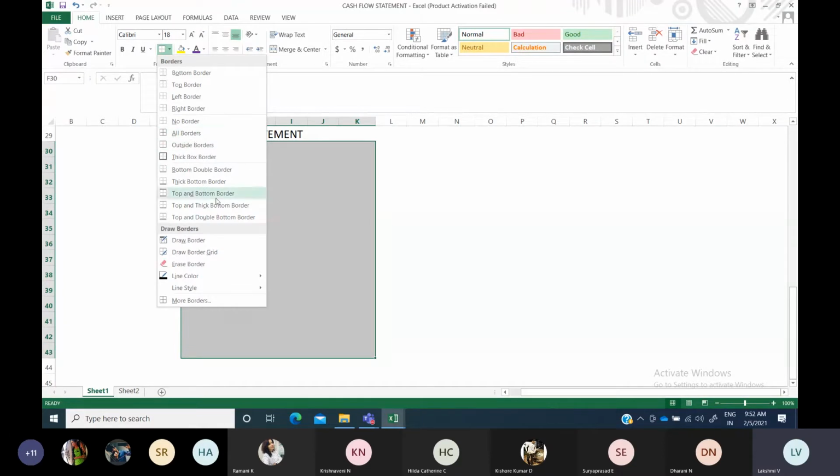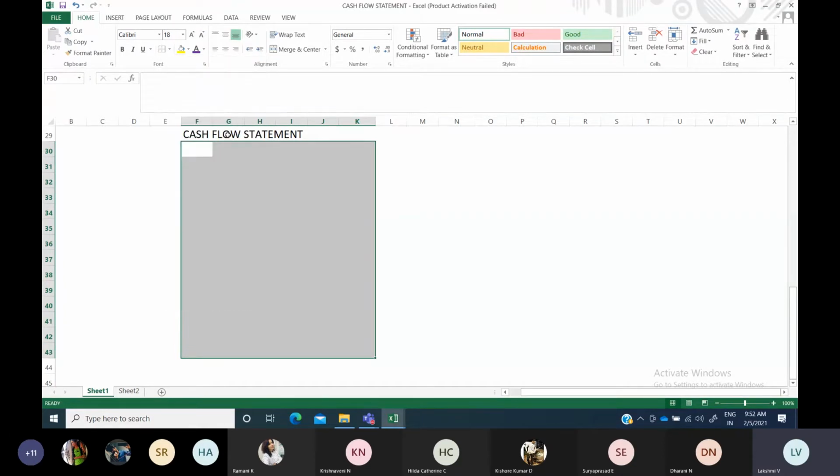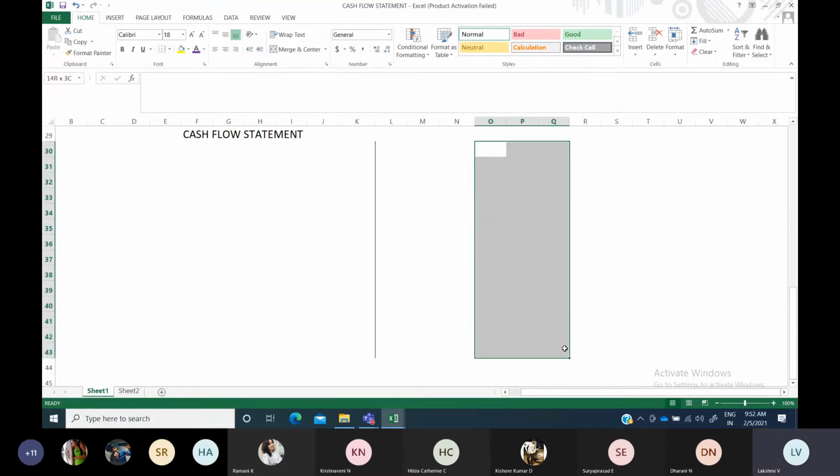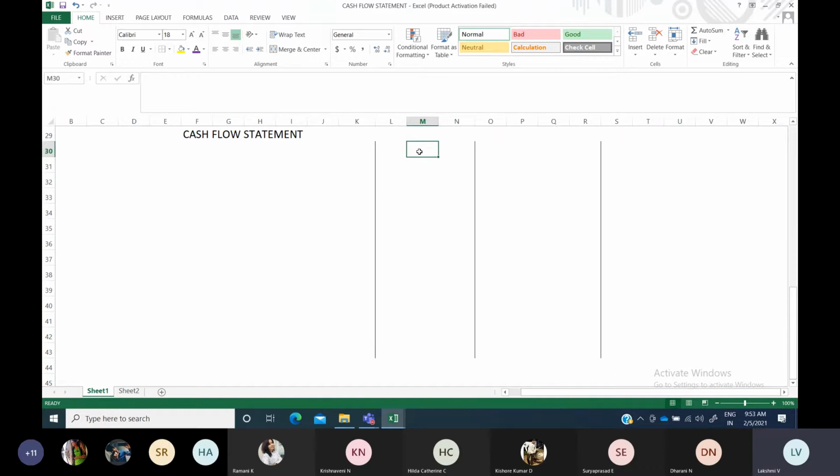So this is the particulars column. All the details will be entered over here. This is for the inner column. You can do calculations here and show the final amount net effect here. Second column, this is the final. Okay, so you need three columns.